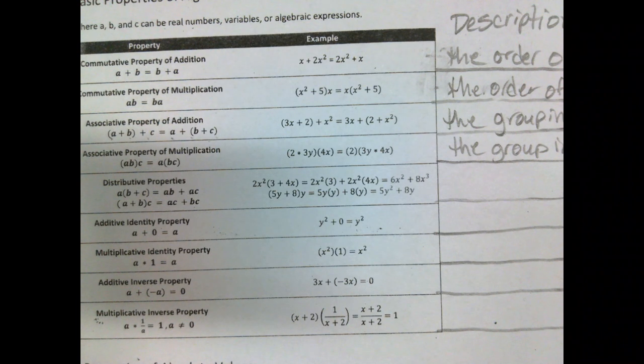So what about distributive property? How do you know by looking at it that this is distributive property? What does the word distribute mean? Why do you think they called it distributive property? What are you distributing here? The number outside of the parentheses. And how is it being distributed? Multiplication. Okay.